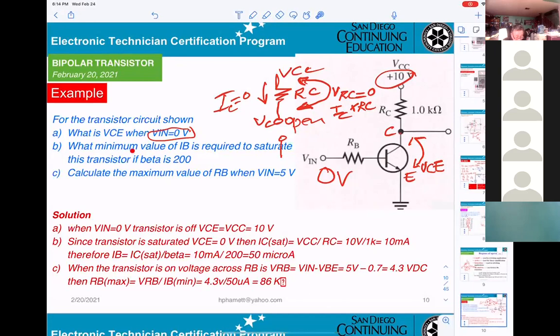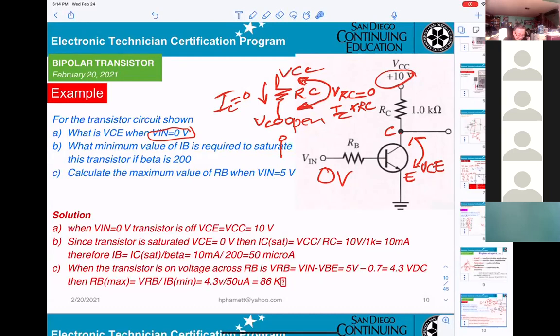And what is the minimum value of IB required to saturate this transistor with a beta equal to 200? I've given the answer here for you.